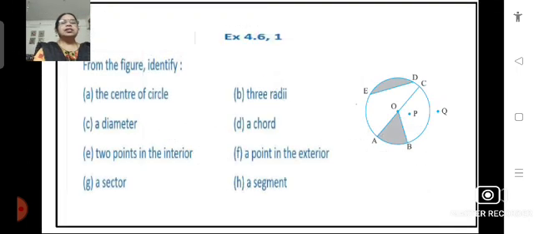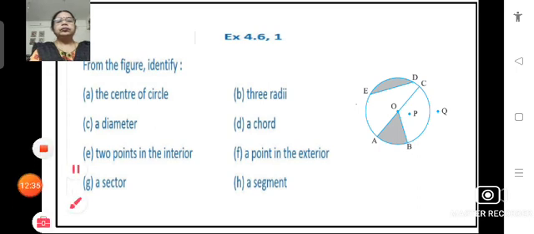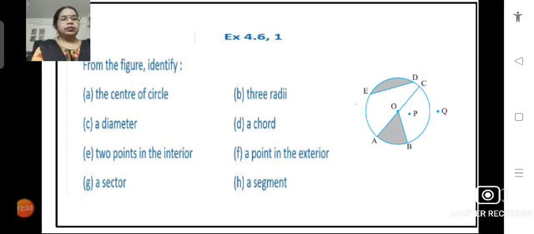Next question. This is based on circles. So in this figure of a circle, children, we have to identify the following things: A, center of the circle; B, 3 radii; C, a diameter; D, a chord; E, 2 points in the interior; F, a point in the exterior; a sector and a segment.